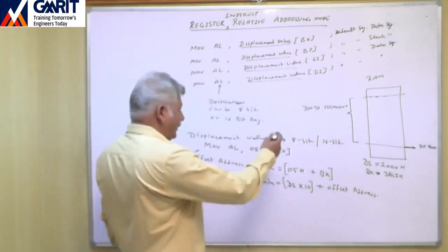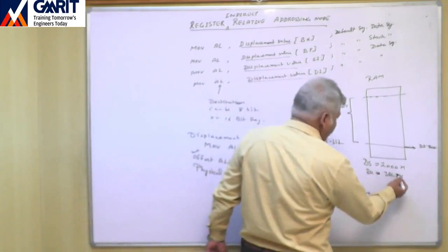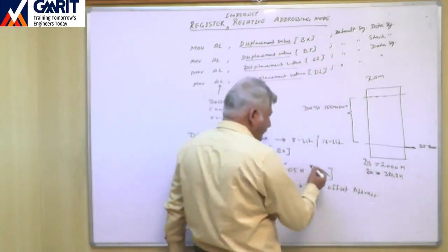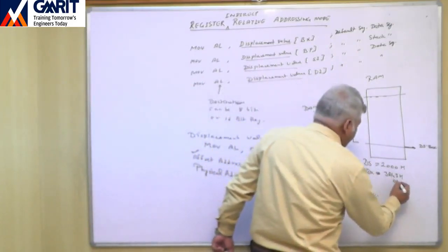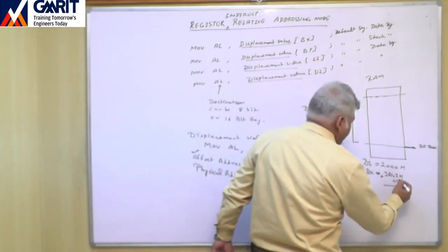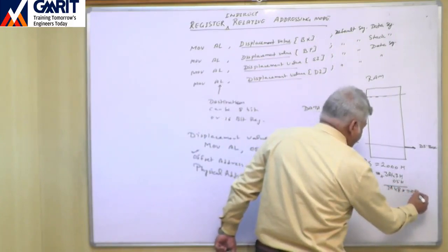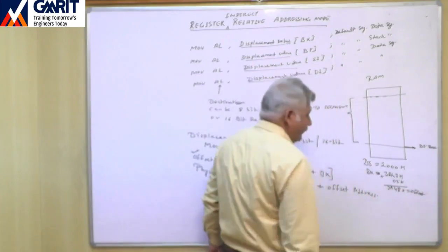BX is 3A43, and I will add this 05H. So 5 plus 3 is 8, then 4, A, 3, right? So this is our offset address.